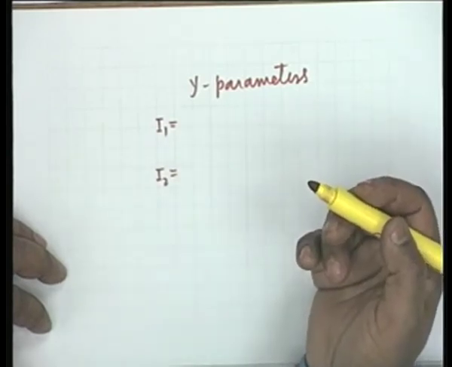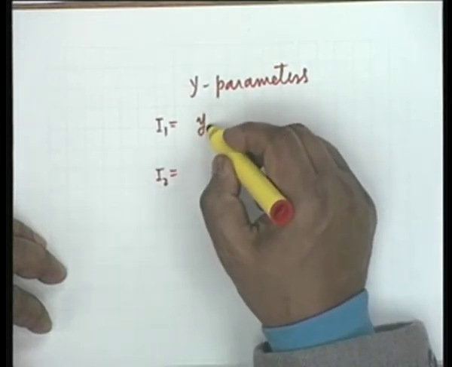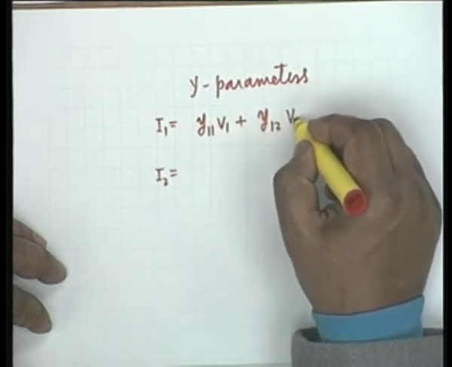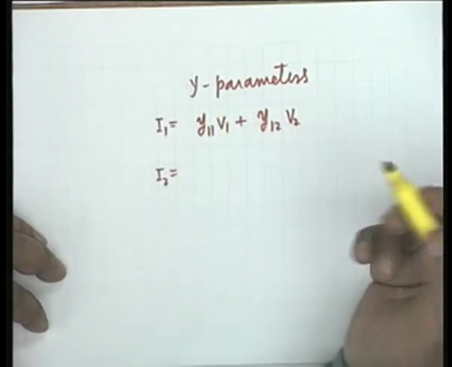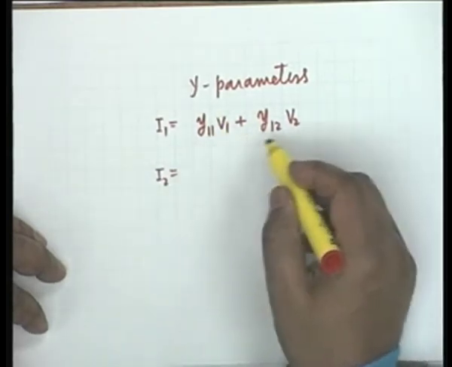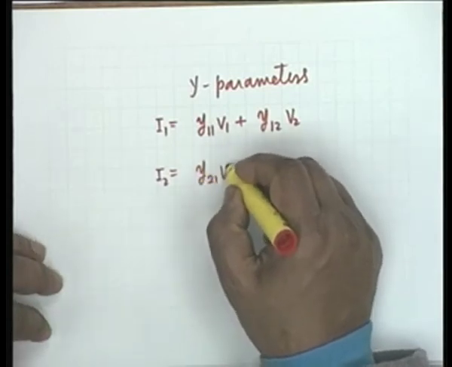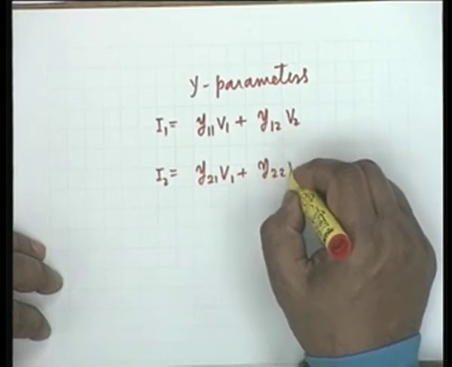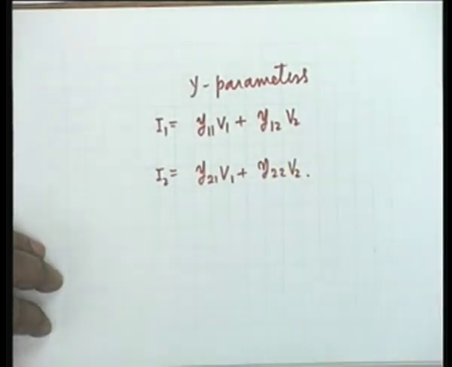Obviously, if it is a linear network, then it should be a linear combination of V1 and V2, and the coefficients have the dimension of admittance, they are termed y11 and y12. Similarly, you say y21 V1 plus y22 V2.